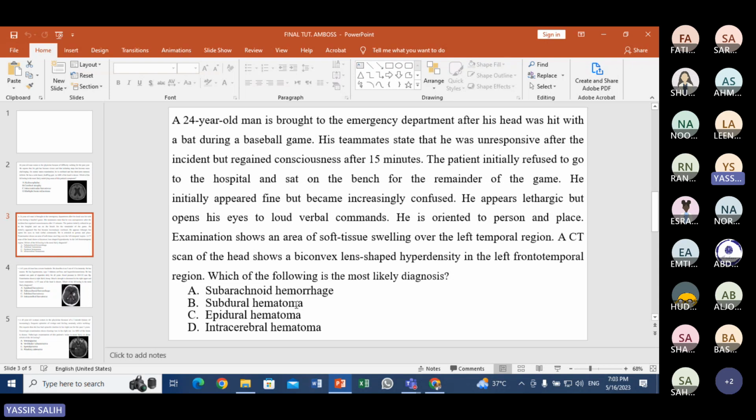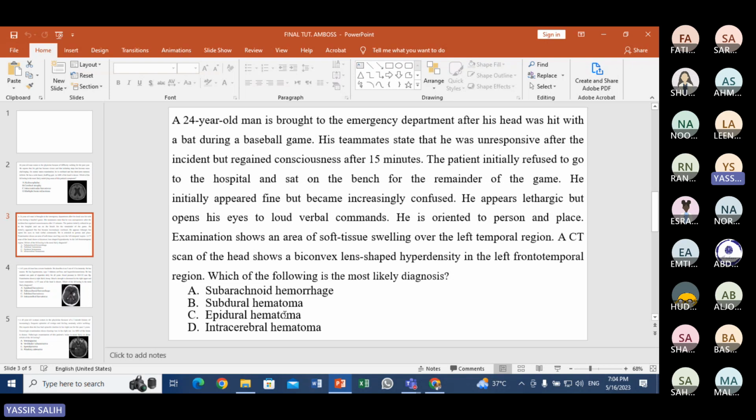From the bridging veins in subdural hematoma. And what is the source of bleeding in intracerebral hematoma? From the penetrating small arteries. And what is the common cause of bleeding in subarachnoid hemorrhage? Aneurysm rupture. Yes. So you have to know the source of bleeding in each type of bleeding.